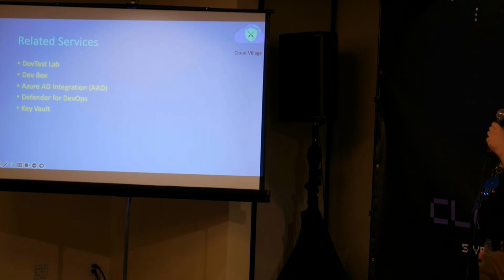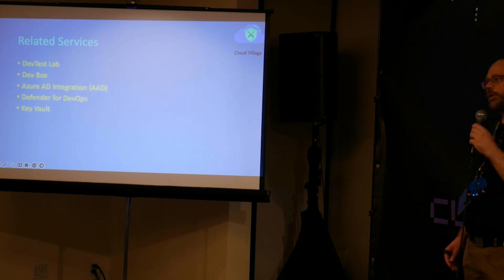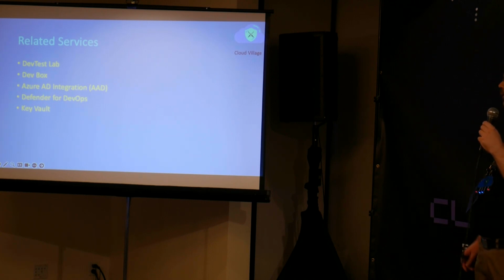So you will have something called Defender for DevOps that will contain something like repository statistics, infrastructure as code scanner, credential scanner, and all kinds of stuff. And the last one is Key Vault. So if you don't want to use the built-in secret management in Azure DevOps, you can use Key Vault and reference the secrets from there.